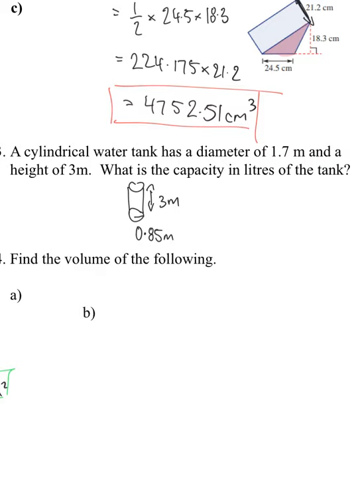All right. So what we're going to do is, to find the capacity, guys, we've actually got to find the volume first, which is in meters cubed. And then to be able to convert that, I'm pretty sure meters cubed is liters. Is it? No, milliliters cubed.